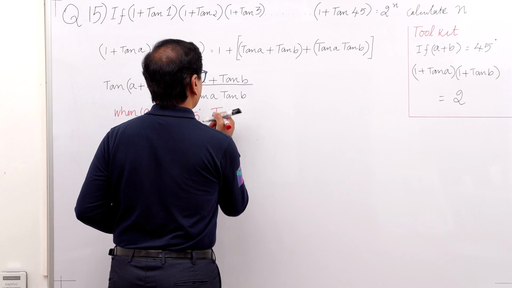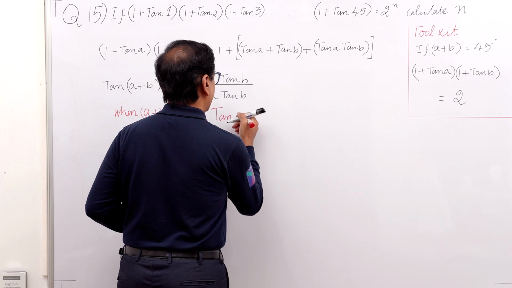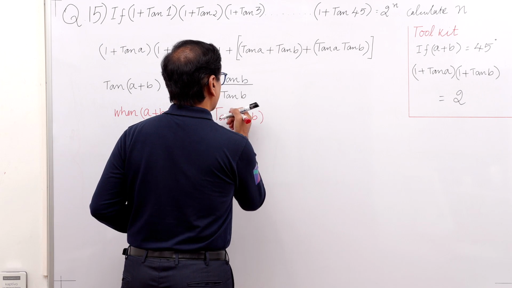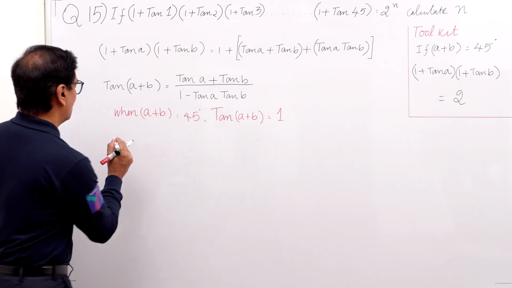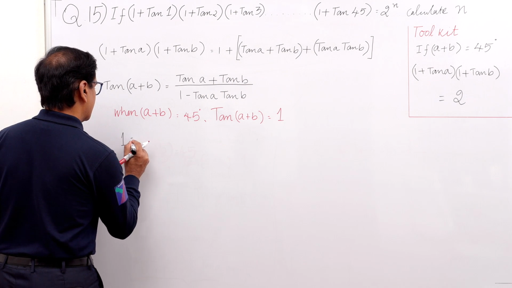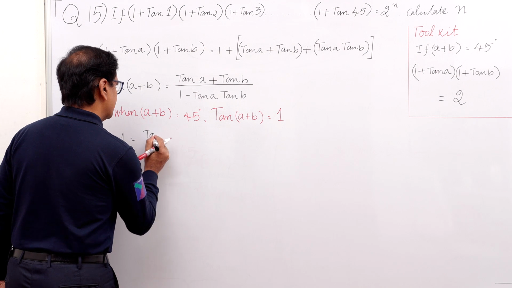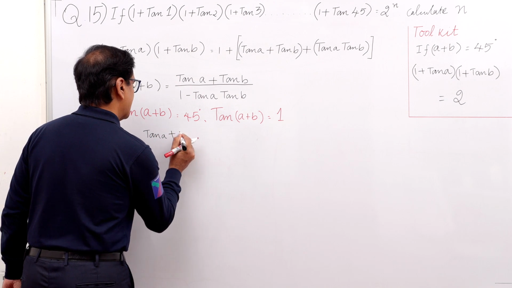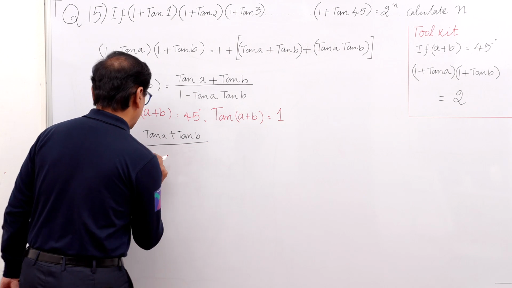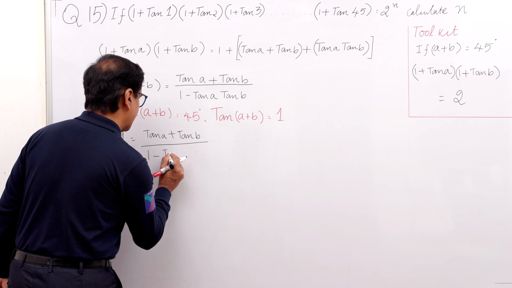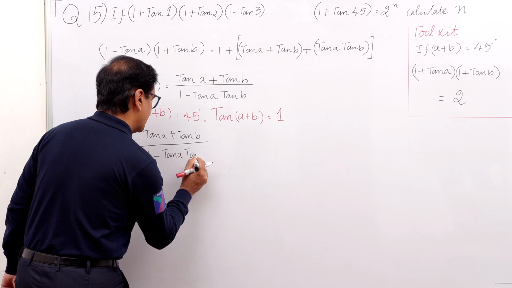So tan(a + b) equals 1, and this expression becomes 1 equals (tan a + tan b) divided by (1 - tan a tan b).